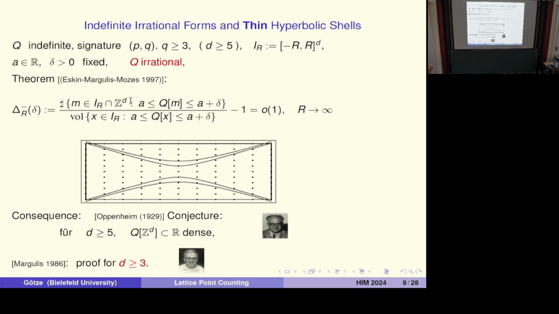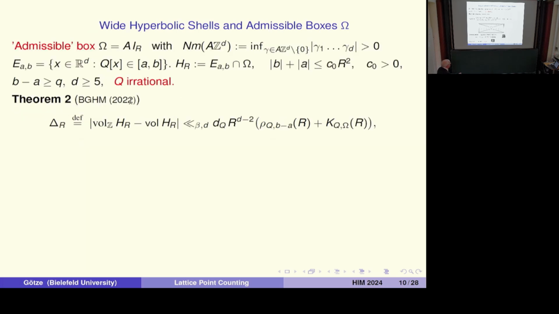Okay, now, what are the results? You see, I spelled it out. We have a hyperbolic region. We have a box. But if we slice more than a thin shell out of this box, we will have a problem. Namely, there may be not only points on the boundary of the hyperbolic region, but also lattice points on the box boundary.